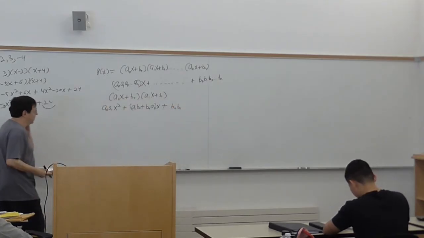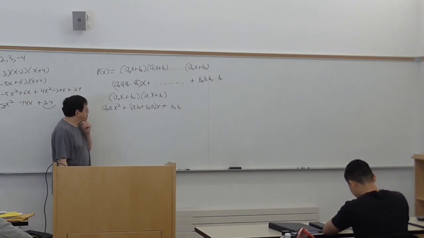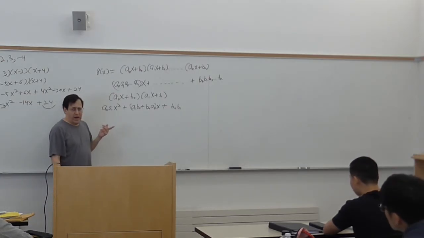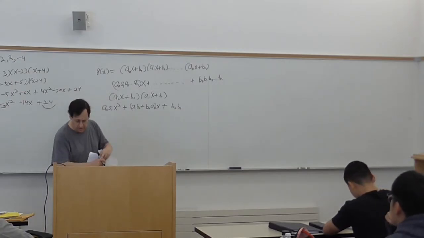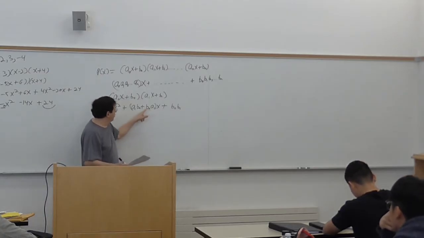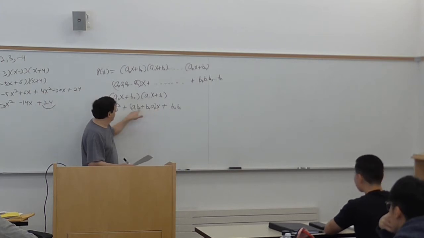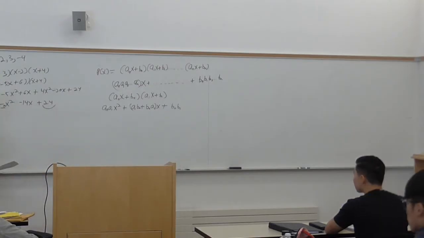Okay. Again, that's following our pattern. Maybe jumping the gun here, but if these a's were 1s, then the coefficient here would just be the sum of the b's. Kind of like we saw here.